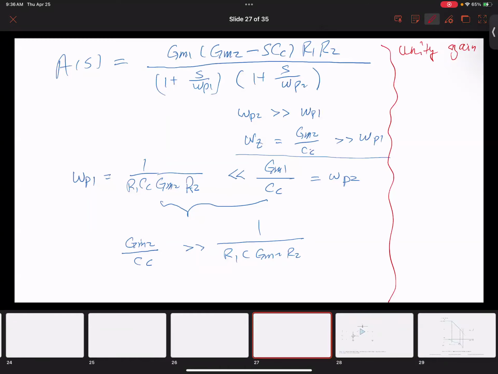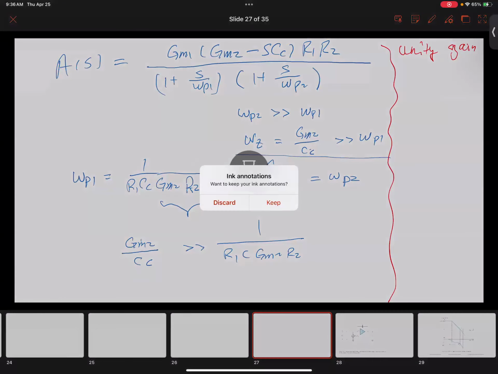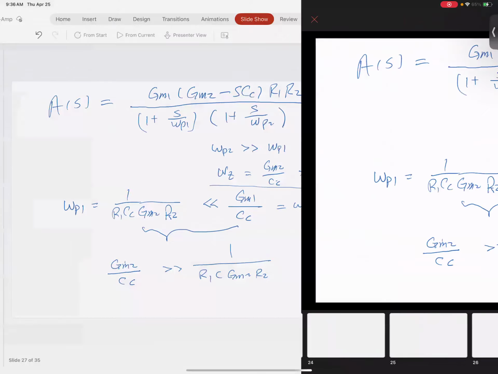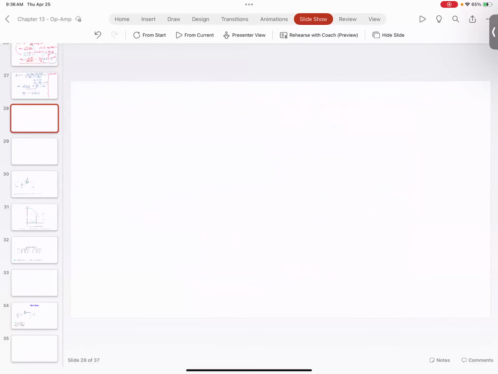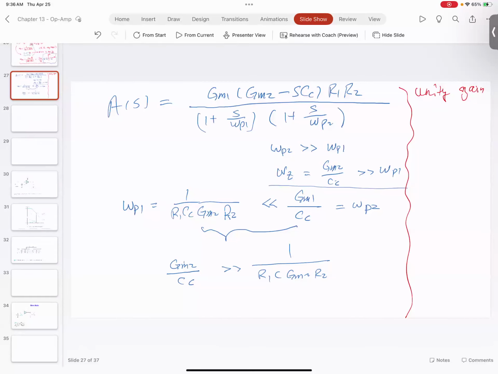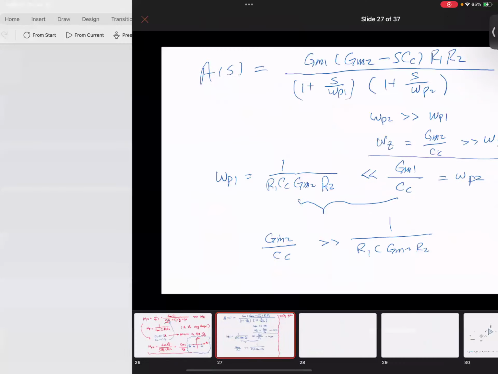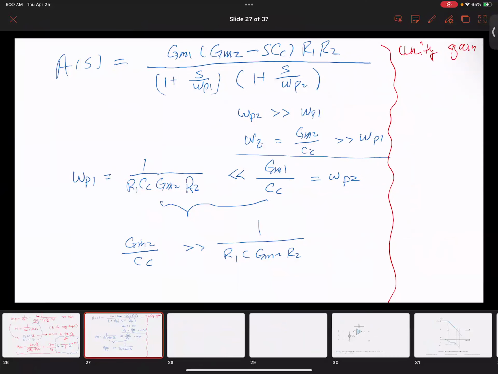I want to bring this up because this is very important to understand, because we need to understand what happens with the stability of the system.